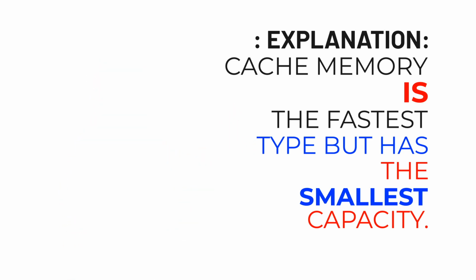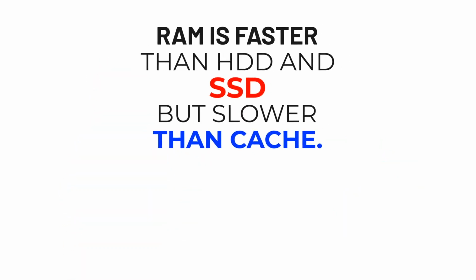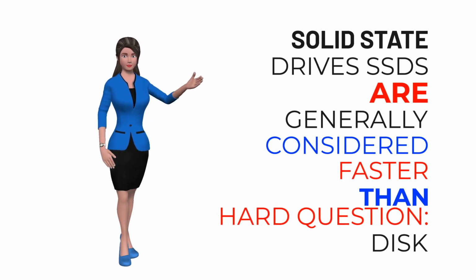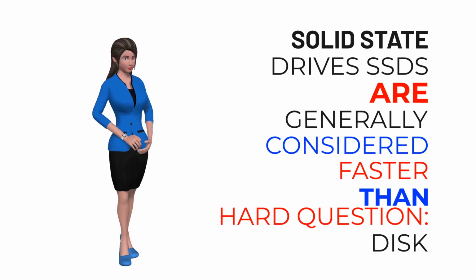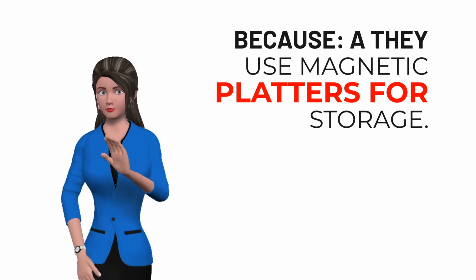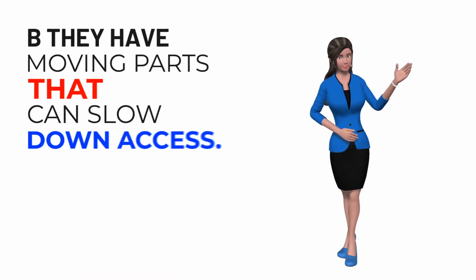Question. Solid-state drives, SSDs, are generally considered faster than hard disk drives, HDDs, because A. They use magnetic platters for storage. B. They have moving parts that can slow down access. C. They rely on flash memory chips for faster access times.